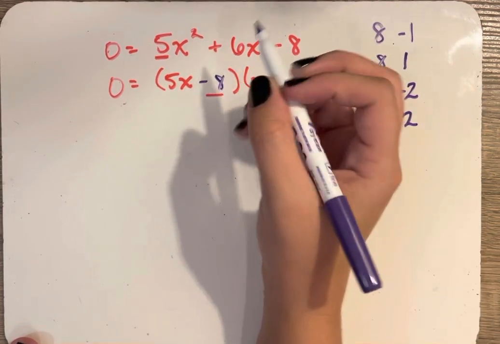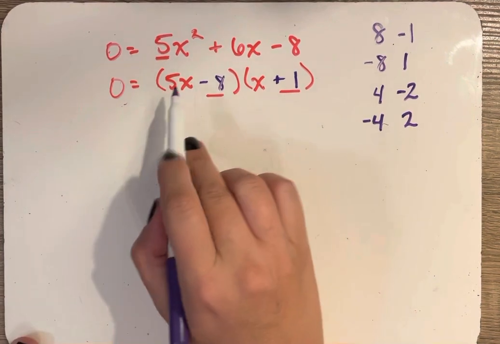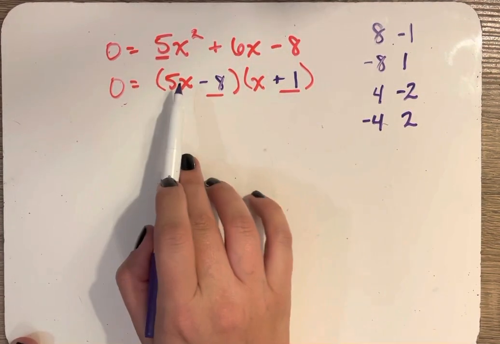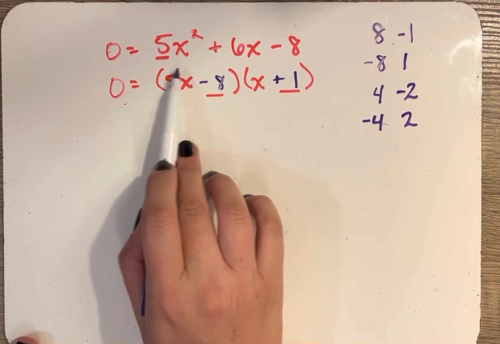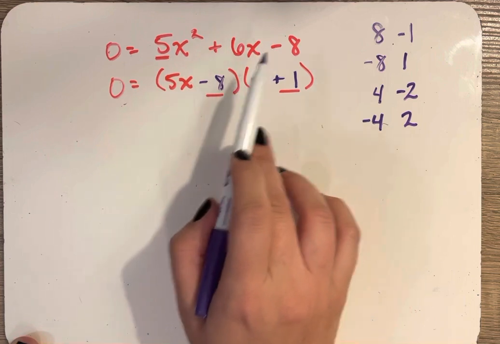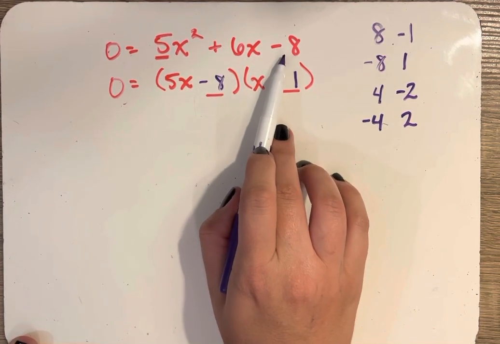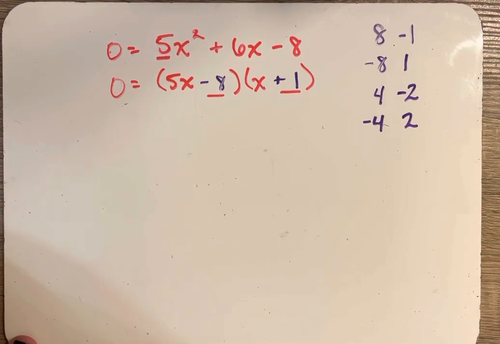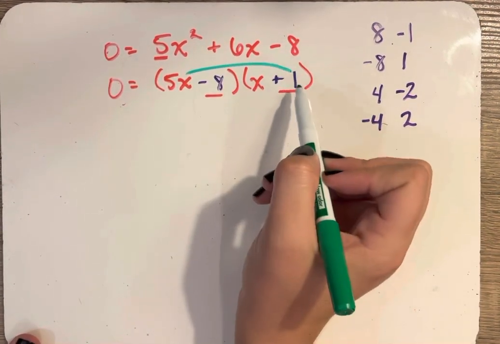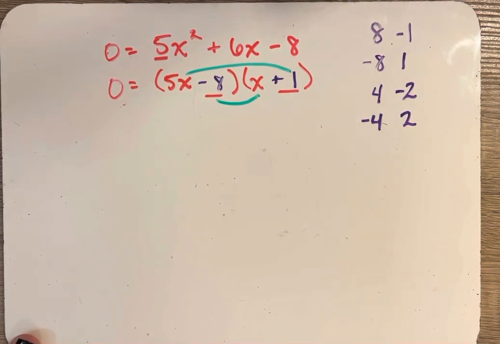So if I plug in a -8 here and +1 here, if I go back through and distribute, will I get this trinomial? Now I already know that when I distribute and do 5x times x, that will give me 5x squared. I already know when I multiply -8 times +1, that will give me -8. So what I really care about here is 5x times +1 and -8 times x.